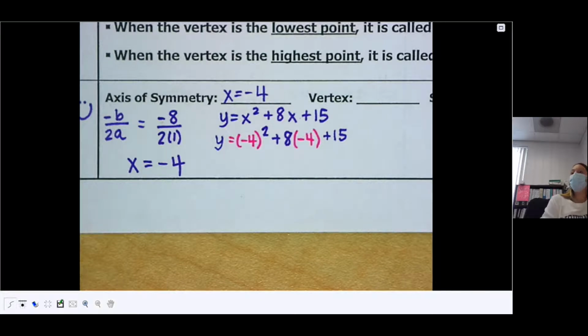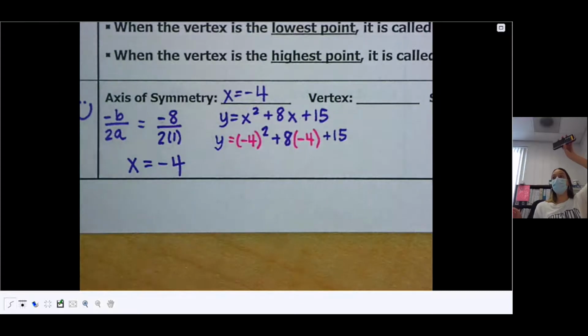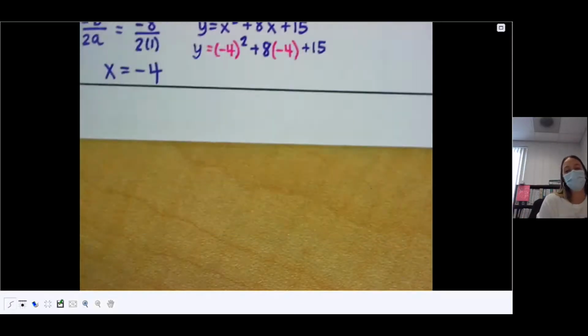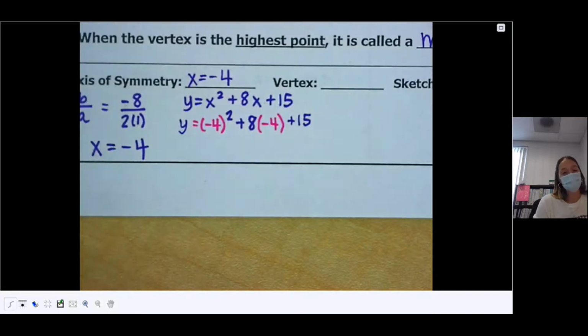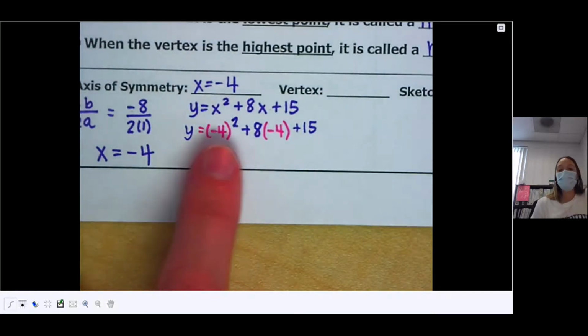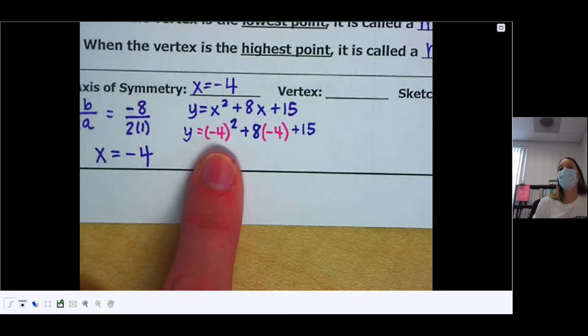If you're using your phone calculator and you have an Apple, you are going to have to turn your orientation lock off so you can turn it sideways. If you turn it sideways, you should see your calculator has a whole bunch more things that you can click. You also can probably do it in your head, but it's there for you. First part is negative 4 squared.